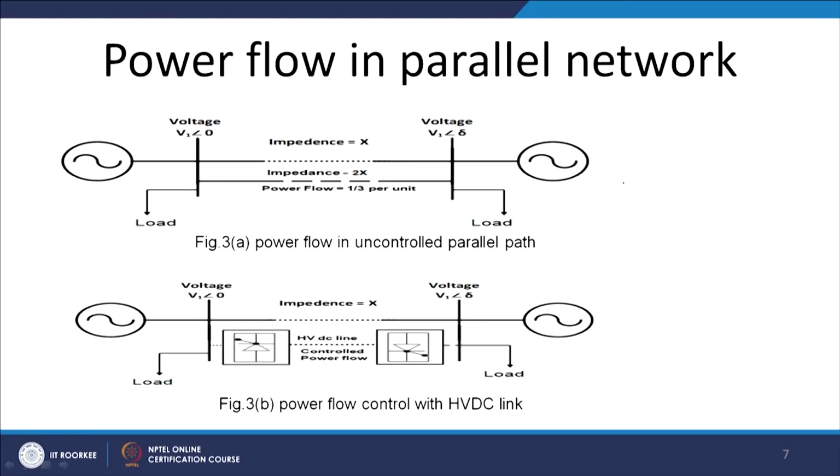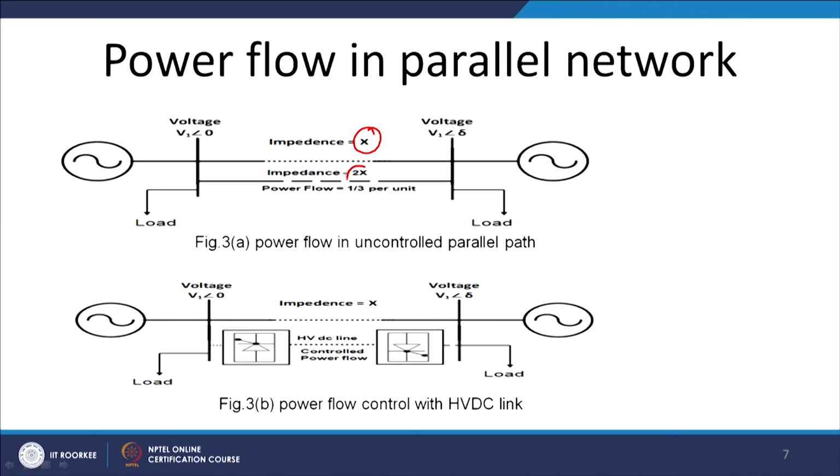Now, let us consider the simple power flow between uncontrolled parallel paths. Here, the impedance of the line governs the power flow from point A to point B. Since the upper one has an impedance X and the other has 2X, 2/3 of the power will flow through the upper line and 1/3 of the power will flow through the lower line.